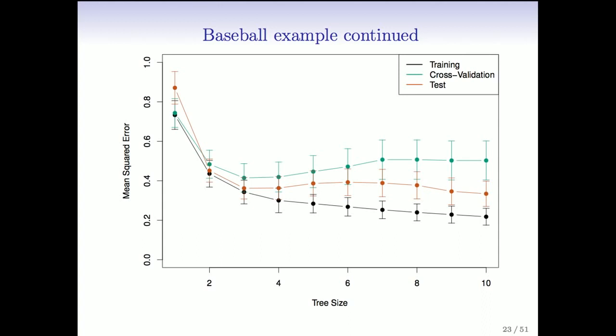The test error, which we can evaluate here because we've set aside a separate test set, is roughly tracking the CV curve. It's minimized maybe around the same place. So it looks like about 3 terminal nodes is good, which was the first tree we showed. Exactly. So it's on the basis of this graph that we drew that 3-node tree.